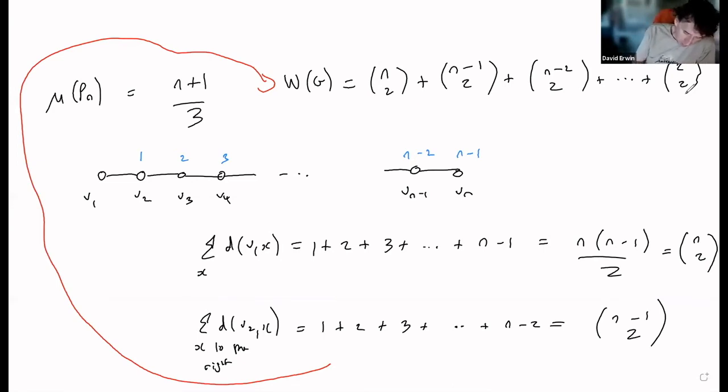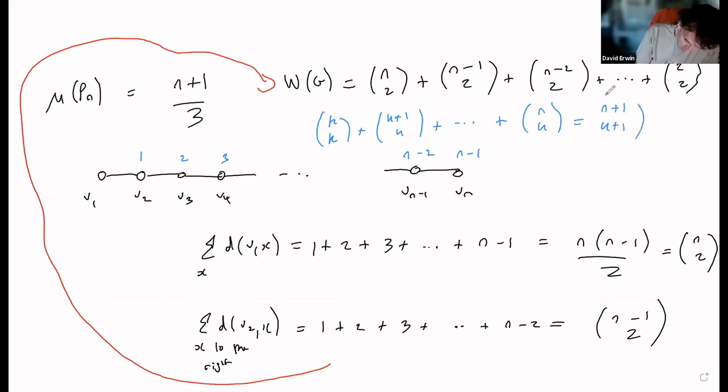Then there's a reasonably well-known identity involving binomial coefficients, so let me write it down in general over here. k choose k plus k plus 1 choose k plus ... plus n choose k turns out to be n plus 1 choose k plus 1.